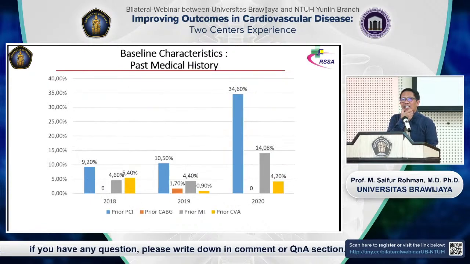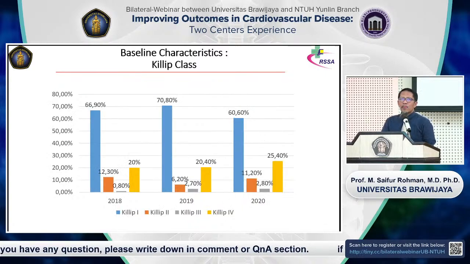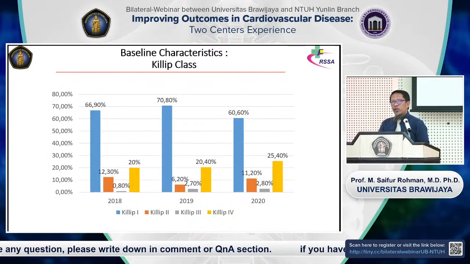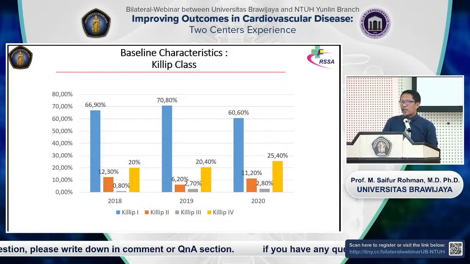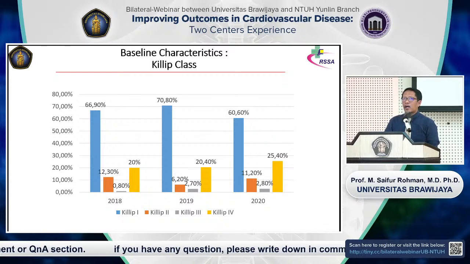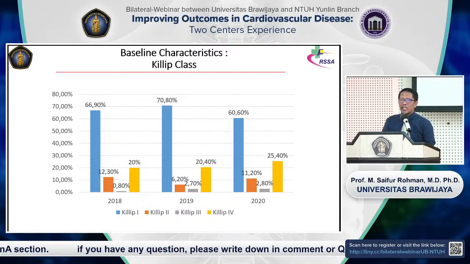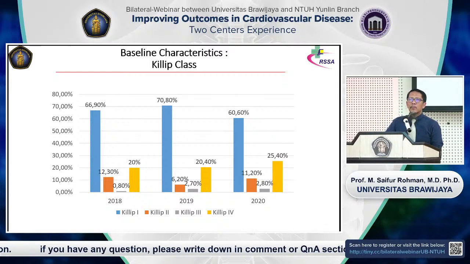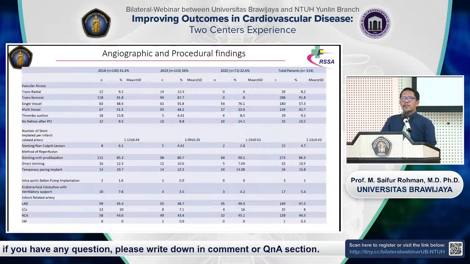We can see that some patients develop Killip 4 because of delay, but most of them actually come with Killip 1. And then this is the angiographic procedure.